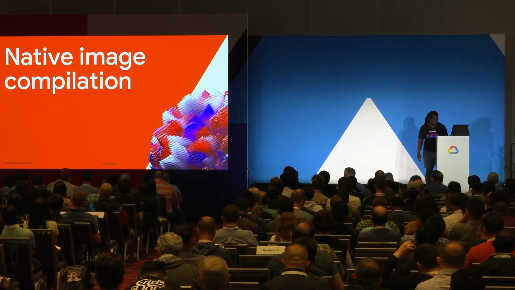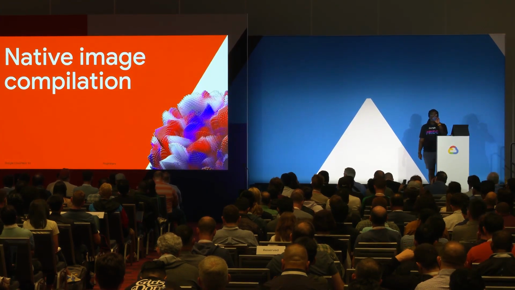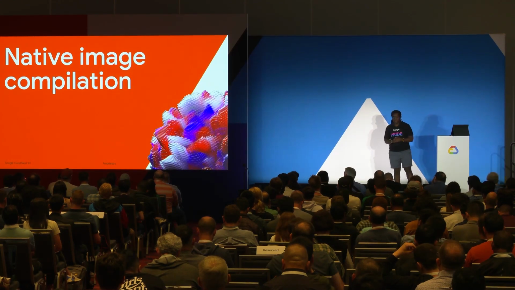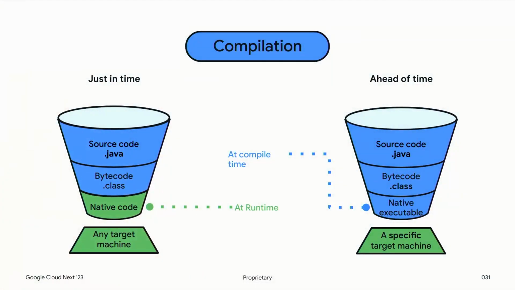And then finally, there's native image compilation. So native image compilation, for those who are not familiar, is engaging in a trade-off where you adopt ahead of time compilation, and instead of taking the classic Java use case of writing your application once and running it everywhere, where you write the Java code and it runs on a JVM on top of any architecture, instead you target a specific architecture at compile time and go directly down to a native executable.